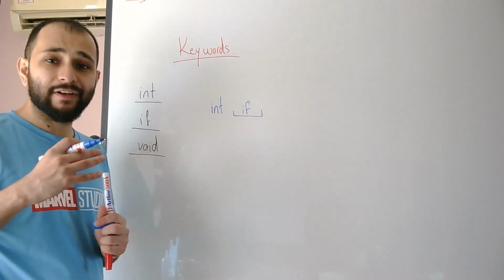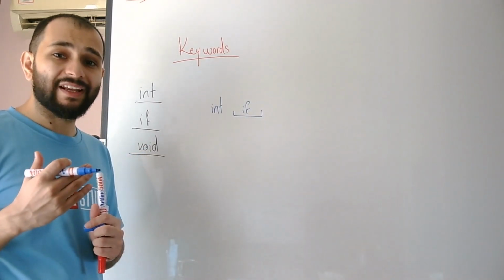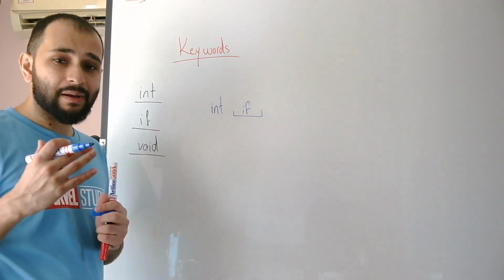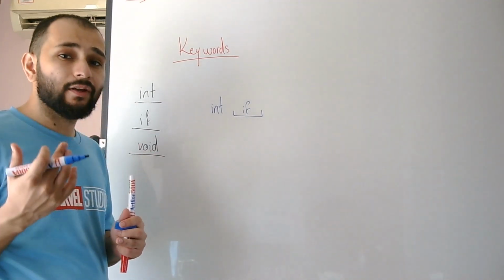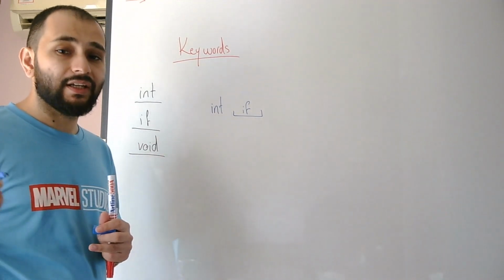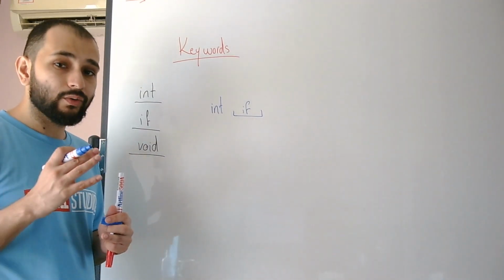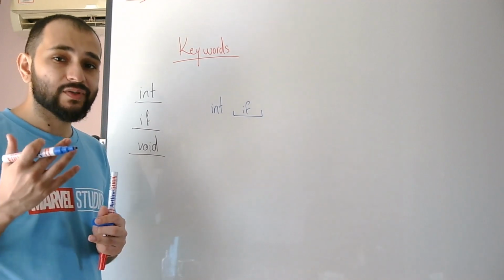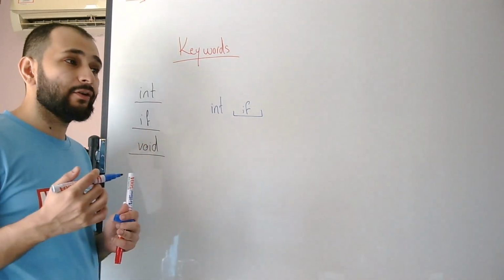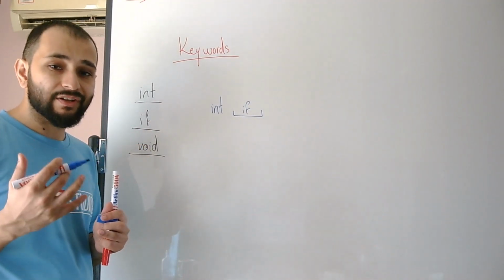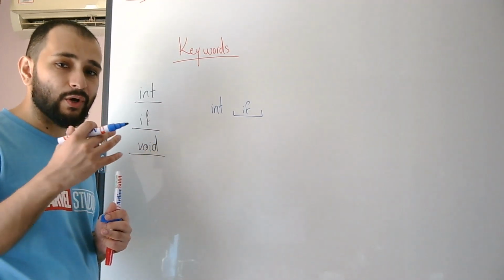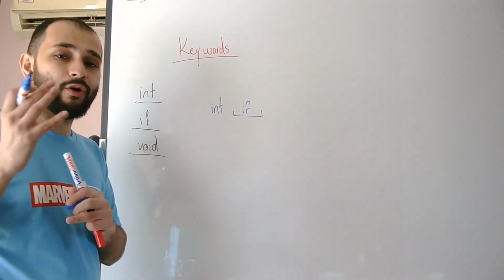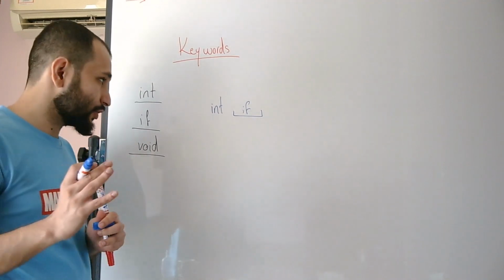We have also had a few standards of the C programming language over the years, for example C99 and C11. C99 was released around 1999, and C11 was released around 2011. In these standard versions of the C programming language, some other keywords have been added to the original language.